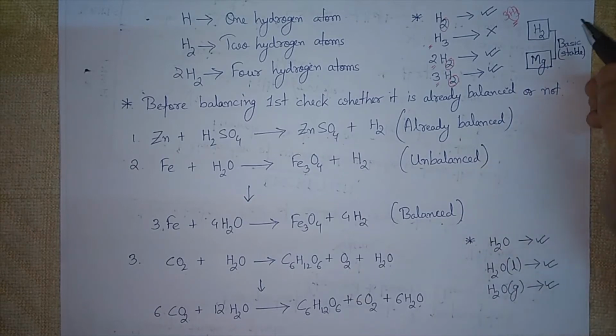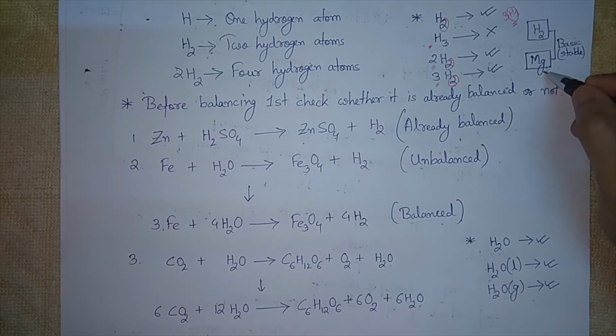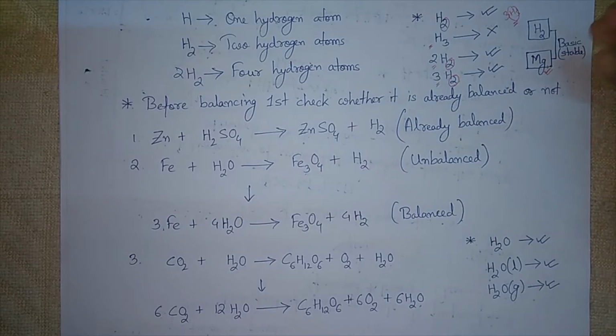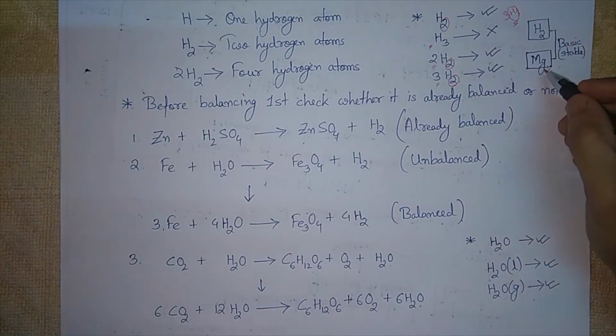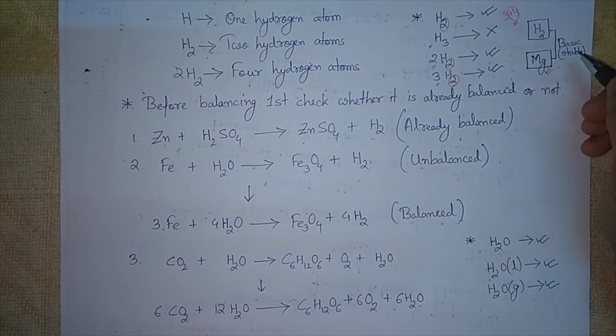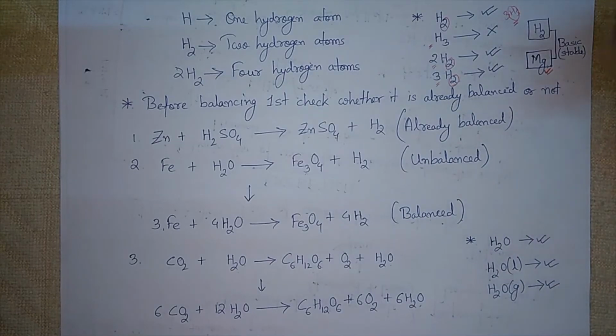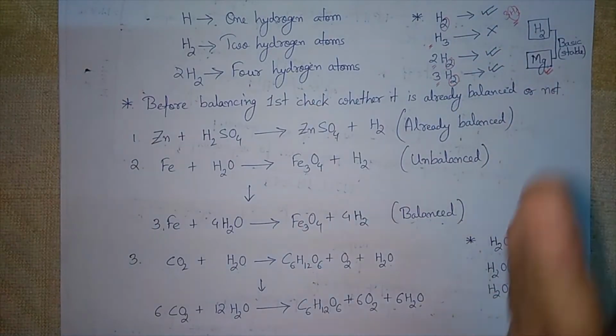At the same time, it is also true that basic stable hydrogen has 2 atoms in its molecule, but not necessarily all molecules must have 2 or 3 atoms. A magnesium molecule has only 1 atom. Remember, Mg is just a molecule because a molecule of magnesium contains only 1 magnesium atom. These things we should know while balancing.